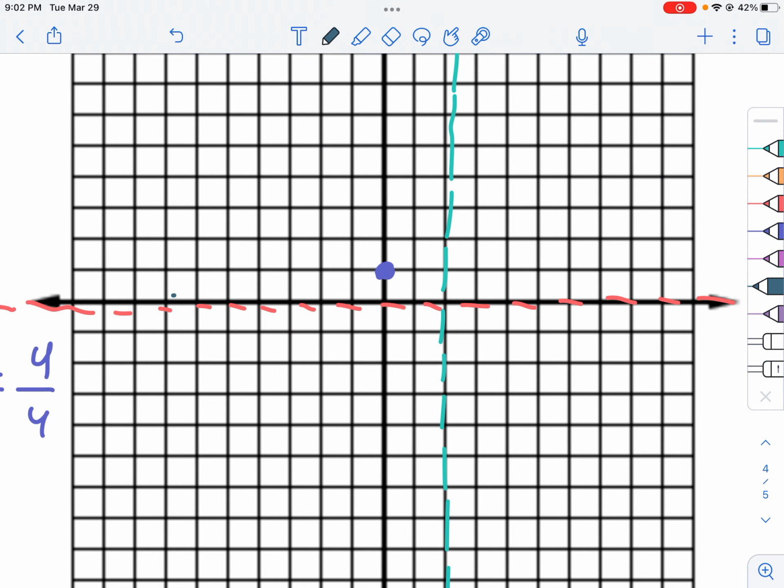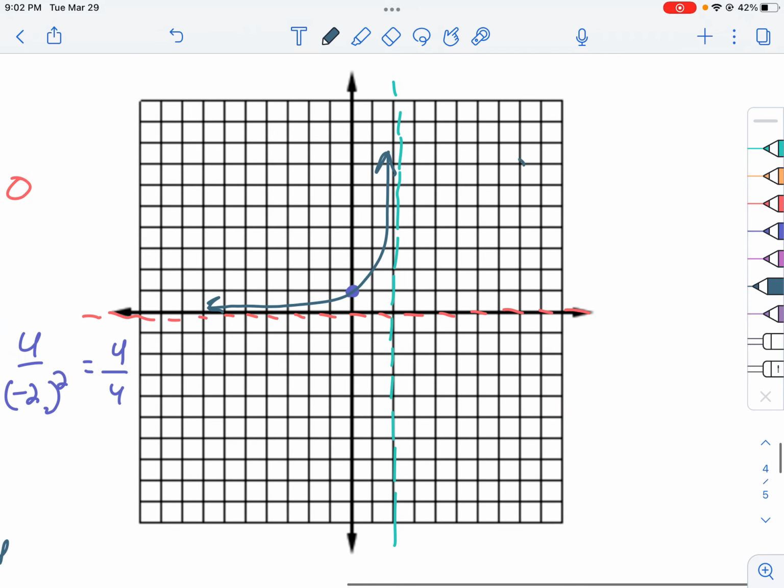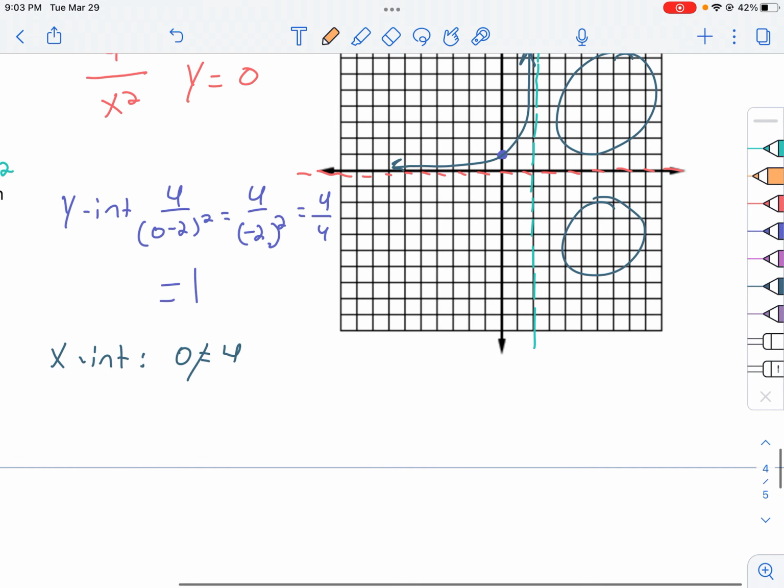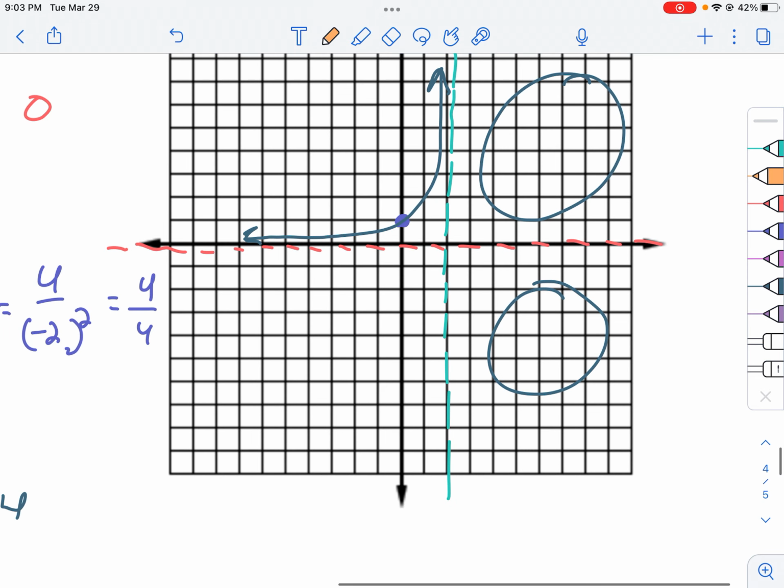And we can actually graph the left side of this equation right here. Comes through that point, hugs the horizontal asymptote and the vertical asymptote. Okay. Now it just depends, well, are we in the top or are we in the bottom on the right side? So we're going to have to plug in a point here to figure that out. So let's plug in, we need to go to the right of the vertical asymptote. So 1, 2, let's plug in 3.